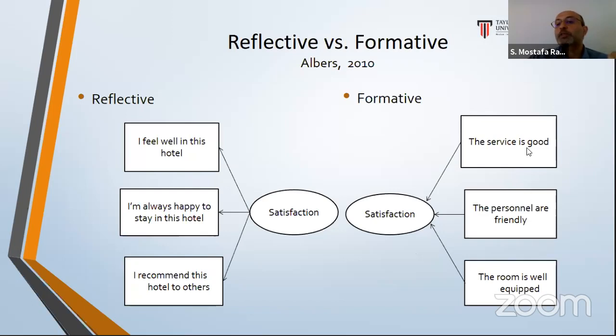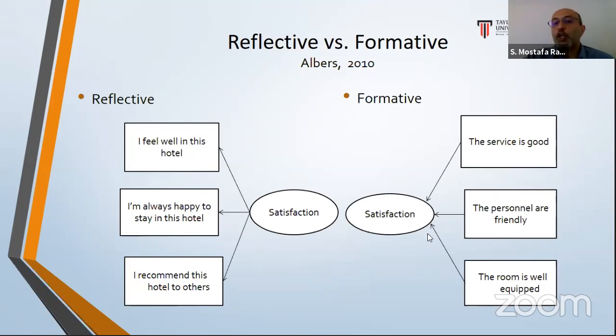But what about formative? It's possible to be satisfied with the service of this hotel, but not satisfied about personnel or room equipment. So this one depends on satisfaction about each aspect.